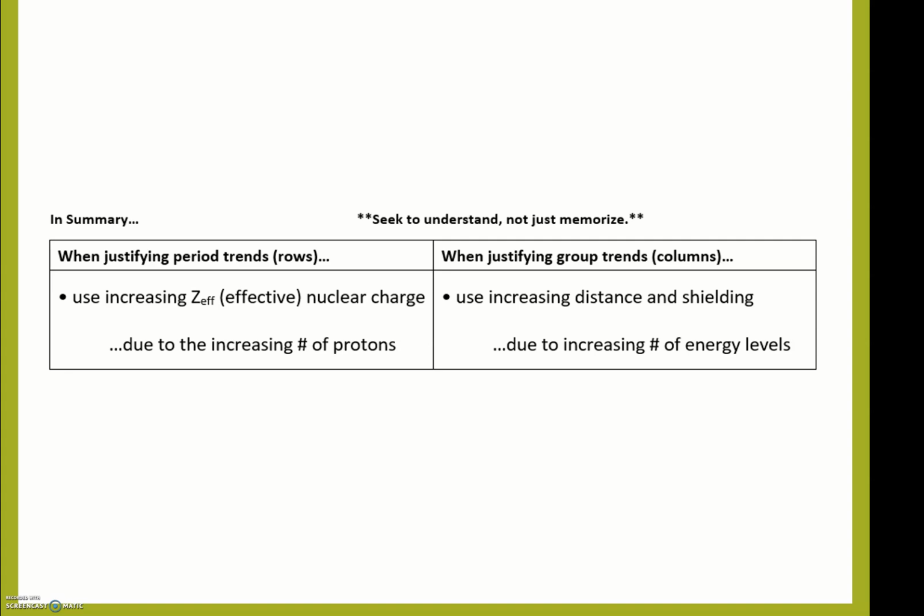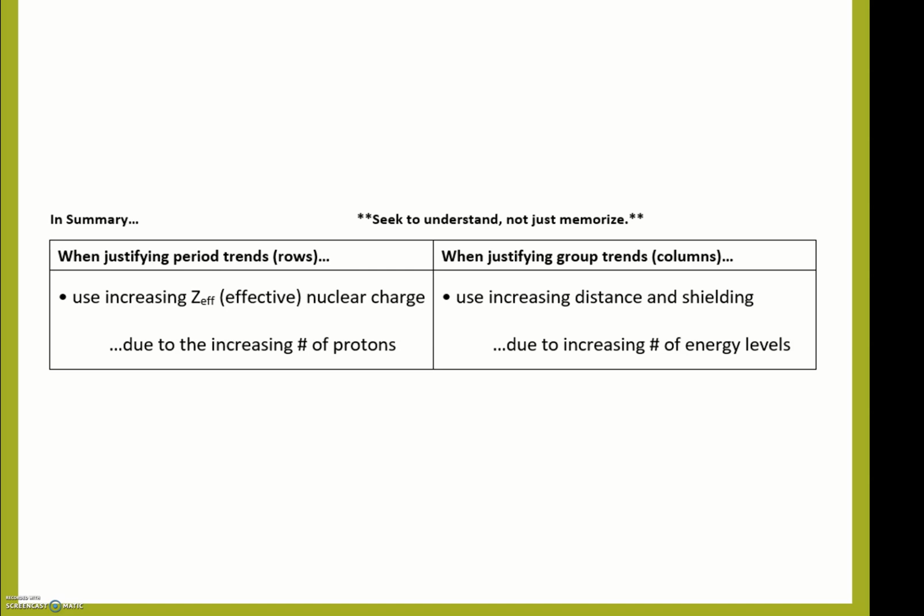However, when looking at the columns, or vertical groups, on the periodic table, we notice that there's generally an increase in distance from the nucleus to the valence electrons. The reason is that those valence electrons are located on higher energy levels. Another way of saying that is the outermost occupied energy level is farther away from the nucleus.